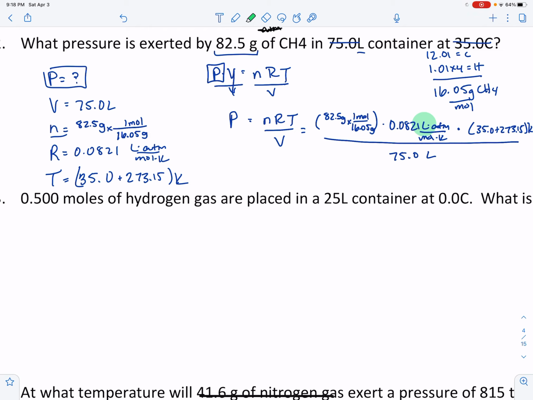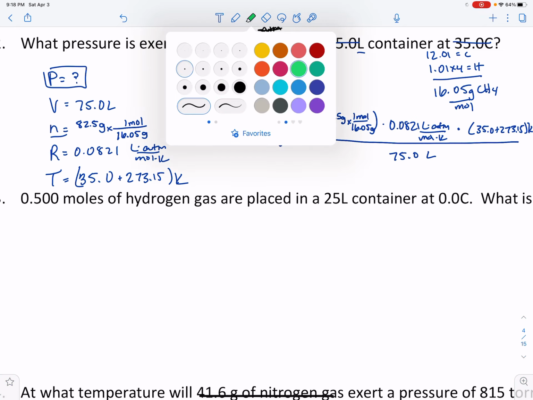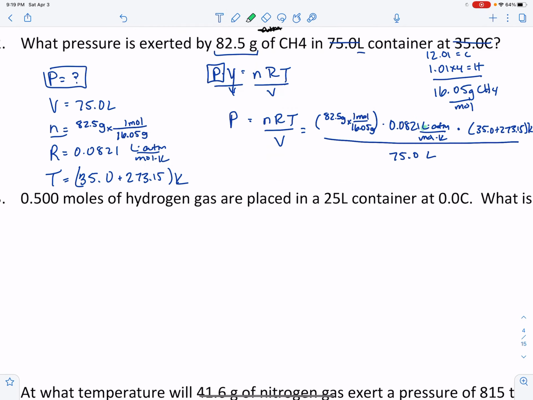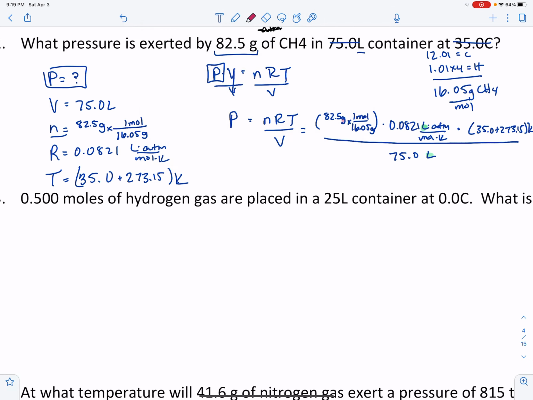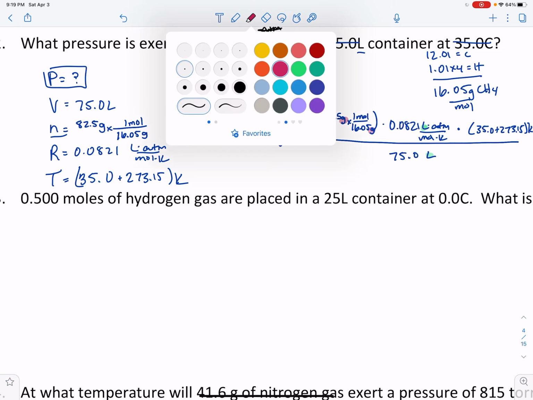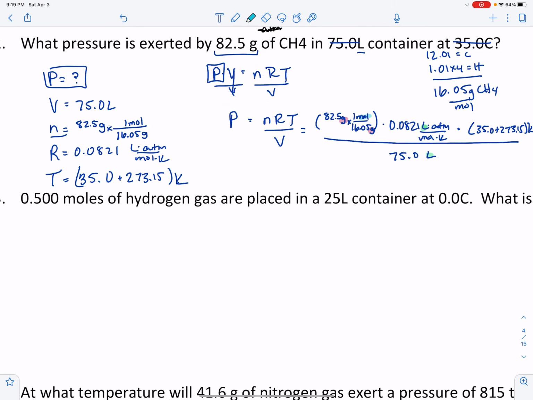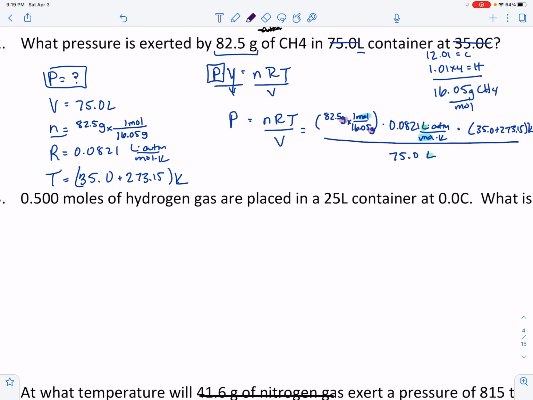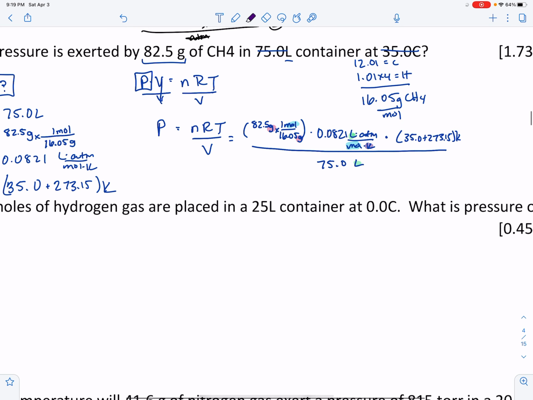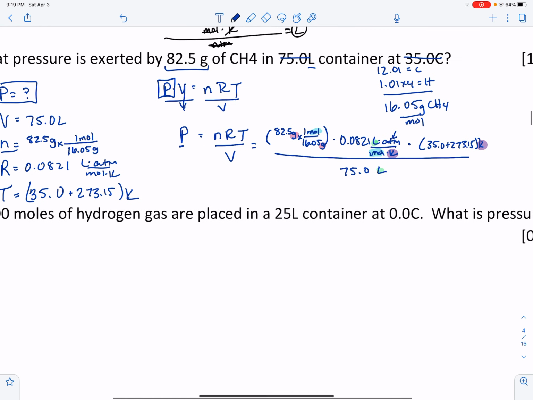My liters here cancel with my liters there. My grams cancel with my grams. My mole cancels with my mole. Kelvin cancels with my Kelvin. So I'm left with ATM, which makes sense because that is a pressure unit.